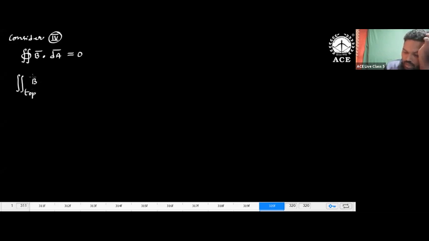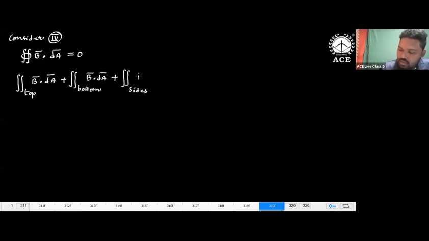There is a top one, B dot dA, plus there is a bottom one, B dot dA, plus there is a sides integral, B dot dA, is equal to 0. But where is our interest? Our interest is at the boundary interface or media interface.